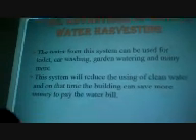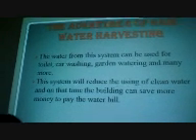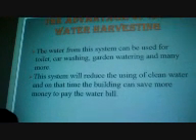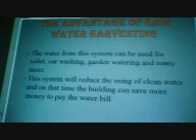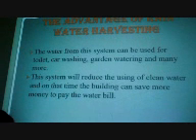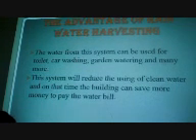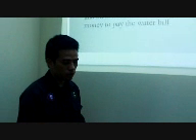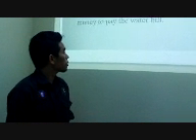The advantage of rainwater harvesting is the water from the system can be used for toilets, car washing, garden watering, and many more. Besides that, this system will reduce the use of clean water, and at that time, the building can save more money on the water bill.